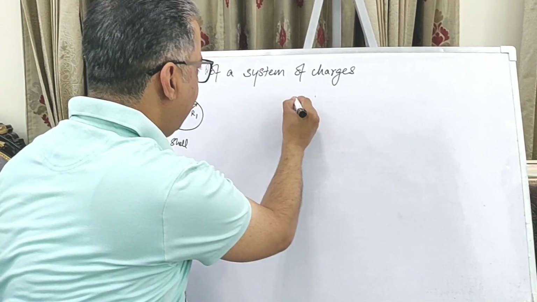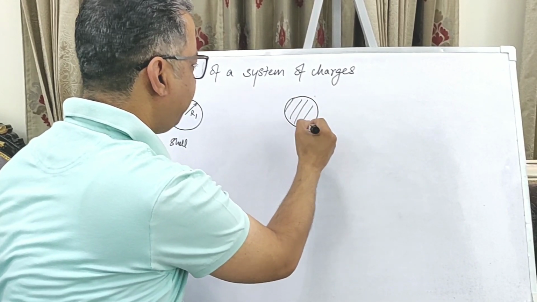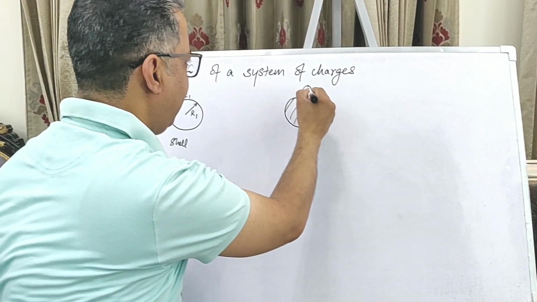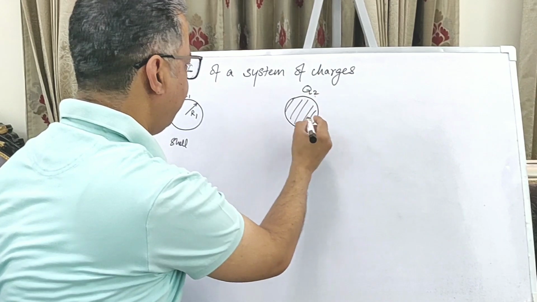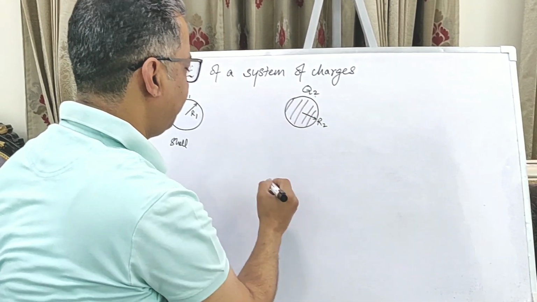The second body is a uniform solid sphere of charge carrying a charge Q2 and having a radius R2.